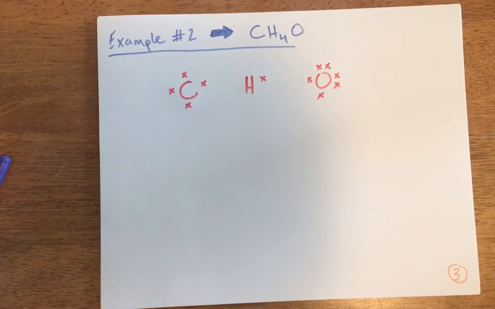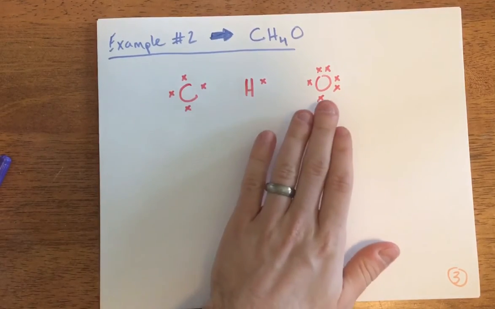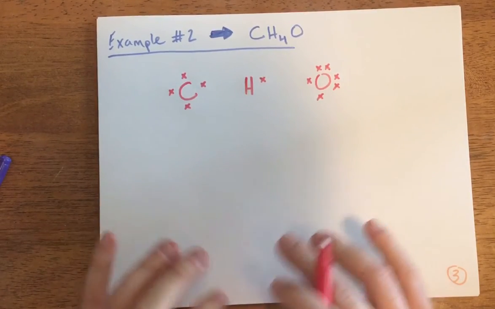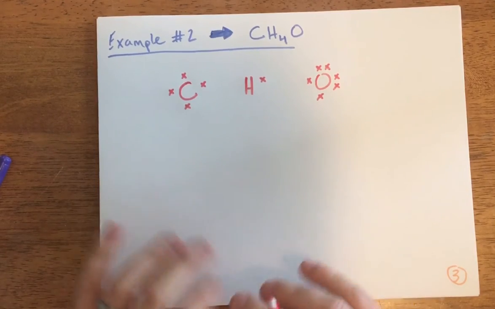Okay, this one's a little bit trickier, and one hint I can give you is that this is methanol. And one thing you could do if you want to is pause the video and try this on your own. The nice thing is that we do know exactly how many atoms we've got: 1 carbon, 4 hydrogens, and 1 oxygen. Now, one thing that's a little bit tricky is if I start bonding hydrogens right away, we'll end up with methane and the oxygen won't have a spot to go.